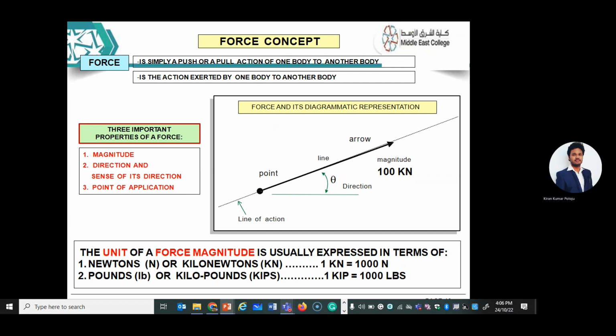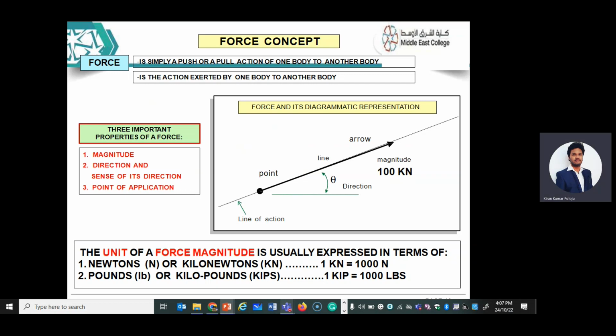But what is the magnitude of the force? Few of us don't know exactly what the magnitude of the force is. Magnitude of the force means with what magnitude it acts. For example, this is a beam and this is a force, a load acting on the beam.